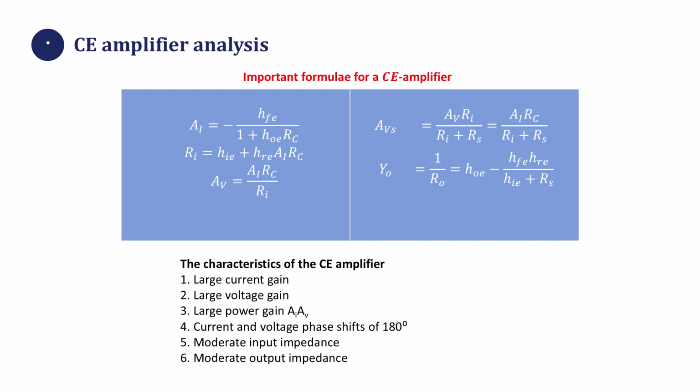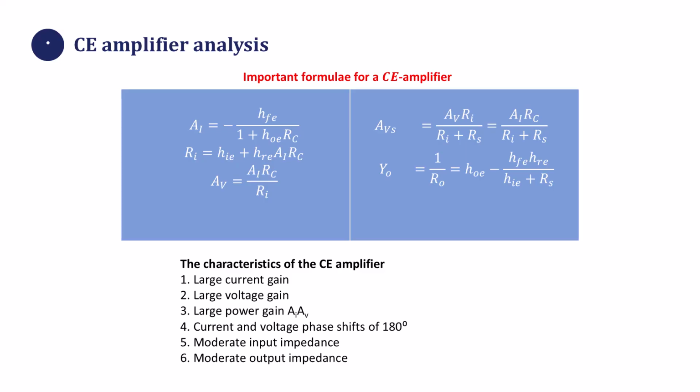From these formulas we can state 6 general characteristics that make the common emitter amplifier so widely used. It gives a large current gain, a large voltage gain, and therefore a large power gain, the product of Ai and Av.